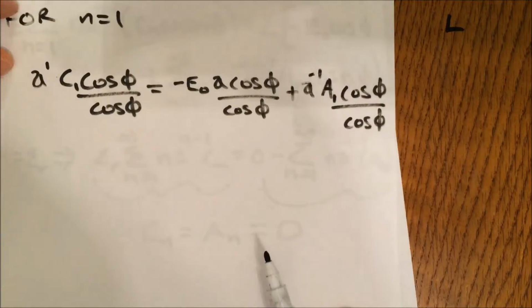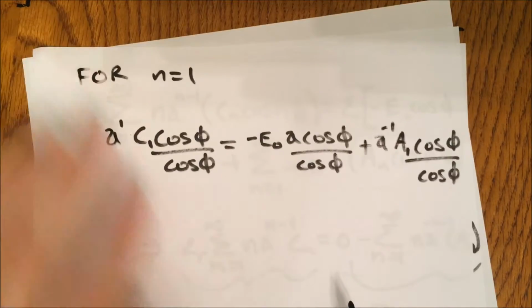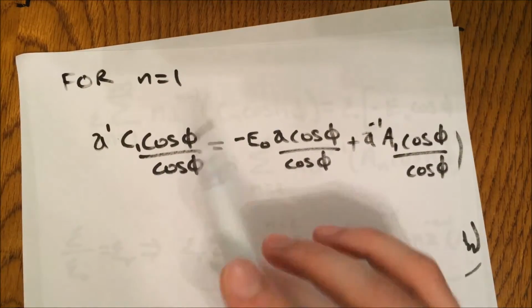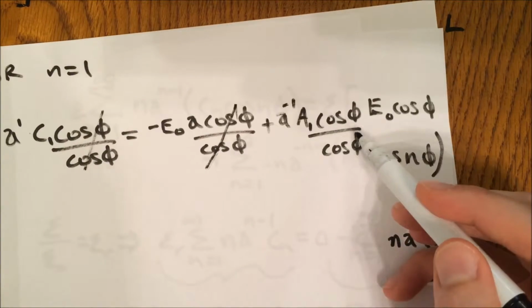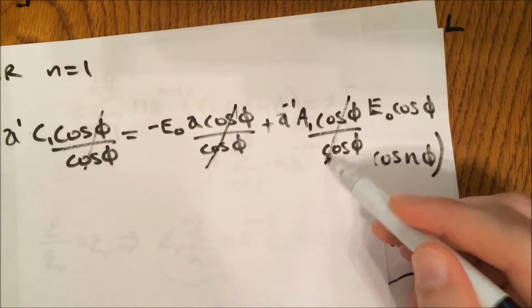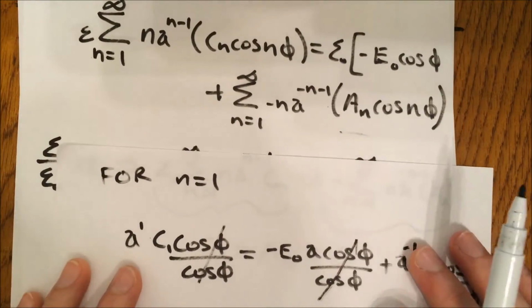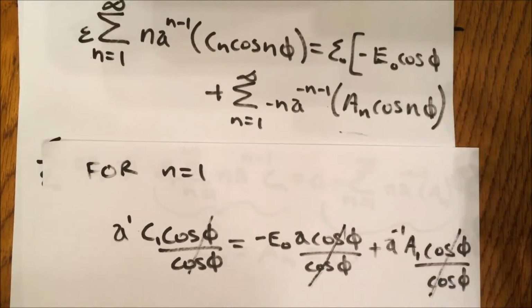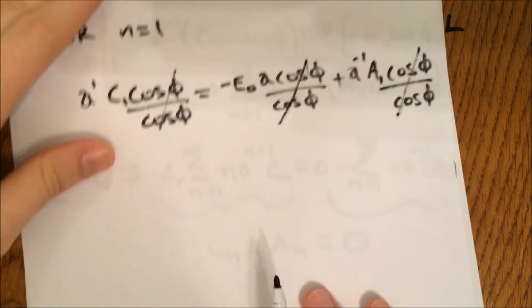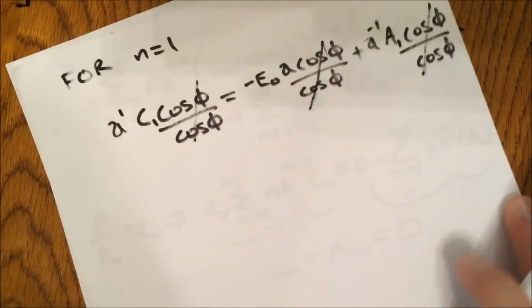So here we go. We have a to the 1, c to the 1. These terms just go away. This goes away, and those go away. That is because we ended up dividing across the board by cosine. It's a like term, so they can all go away.